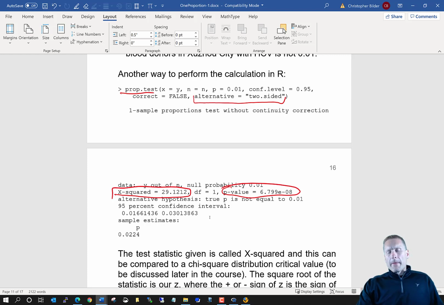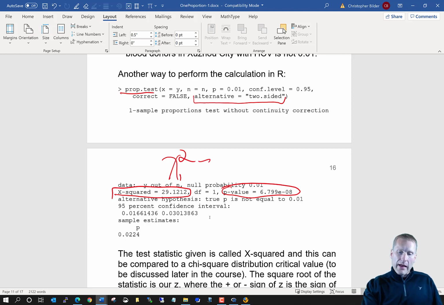Well, what R is doing for this particular problem is not using a standard normal distribution directly. Rather, it's using another kind of distribution called a chi-squared distribution with 1 degree of freedom. We're going to learn about those shortly. It's another probability distribution.